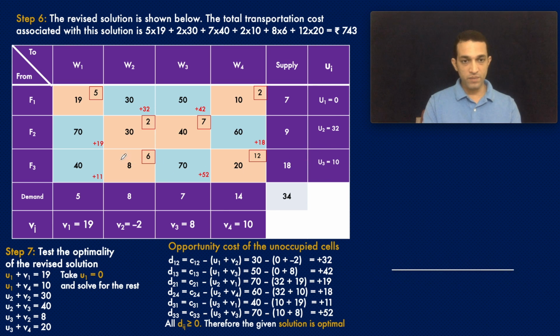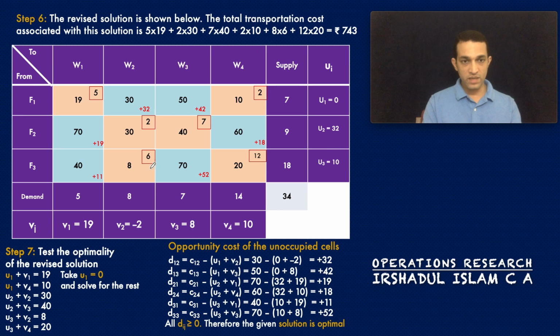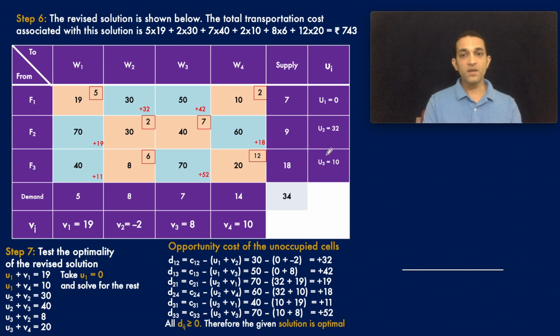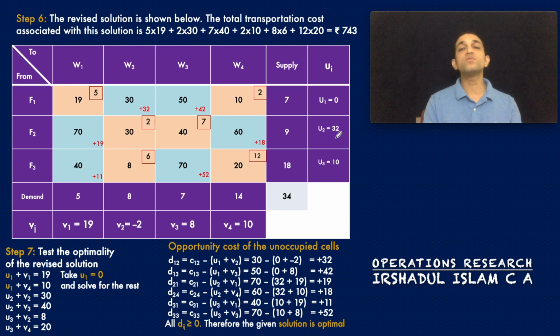The same you will apply here, u3 plus v2 equal to 8. So v2 you will get minus 2. The same v2 you will apply here, v2 plus u2 equal to 30, minus 2, and then you will get u2 equal to 32. So all the ui vj values we have obtained.